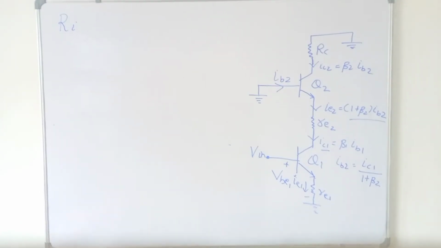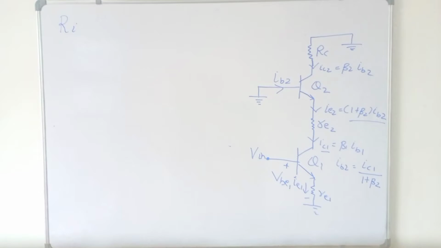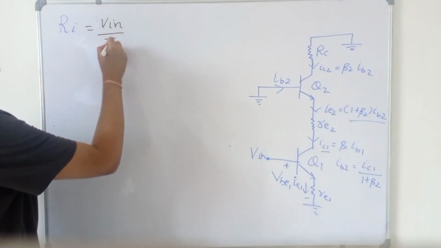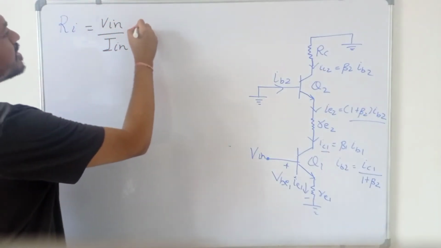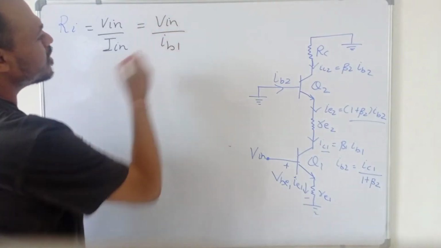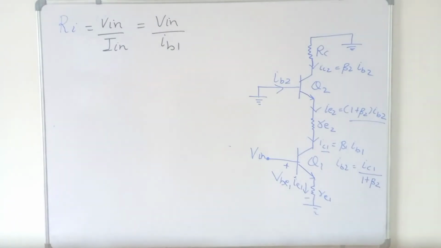So if we see from figure, first let me write the formula Ri equal to Vin upon I in. So this will be equal to V input upon Ib1, because input current is nothing but the base current.